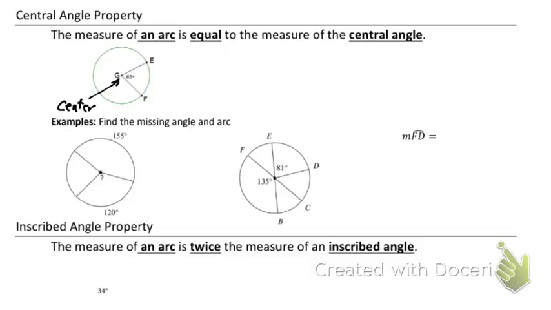Remember, a central angle always goes to the center of the circle. Well, if that angle is 65 degrees, that means the measure of the arc EF is also going to be 65 degrees.